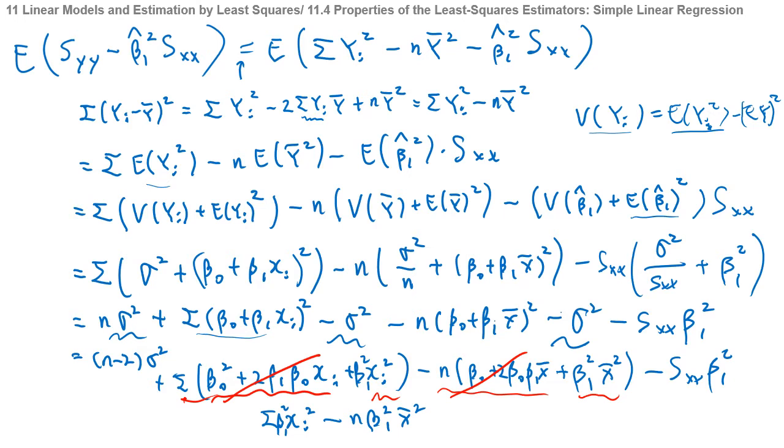Actually this thing is beta 1 squared times the sum of xi minus x bar squared.